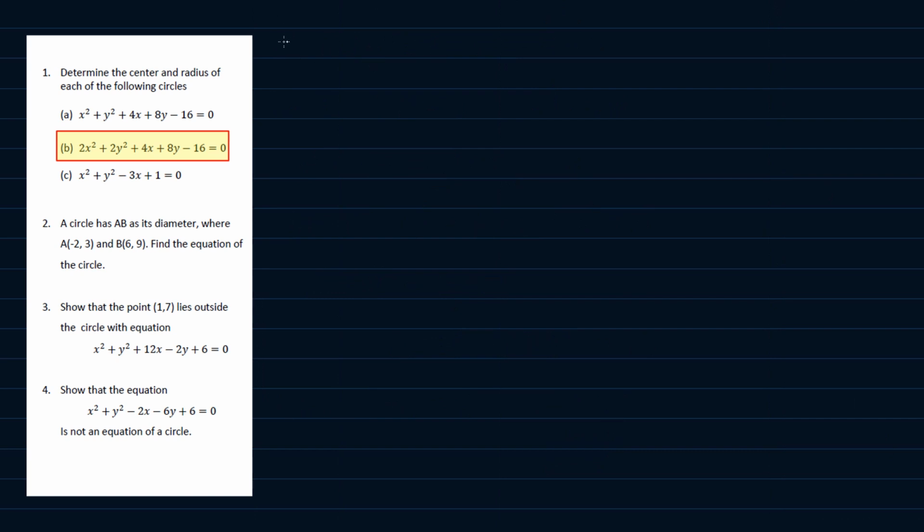So on part B, we have the equation 2x squared plus 2y squared plus 4x plus 8y minus 16 equal to 0. Whenever you have the equation of the circle in this form where the coefficients of x squared and y squared are not equal to 1, then you need to make them equal to 1 by dividing each term by 2.